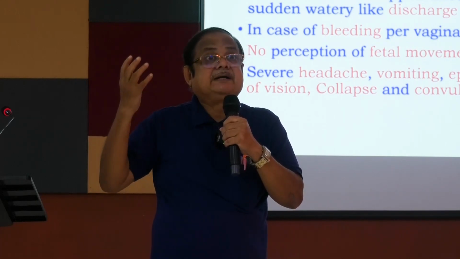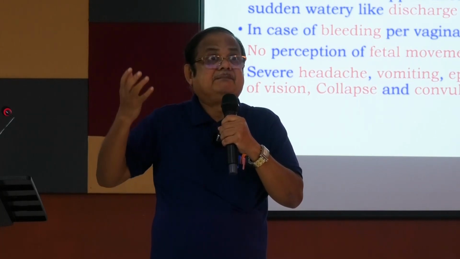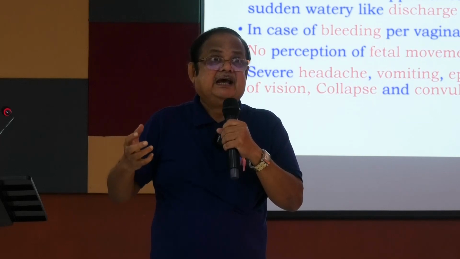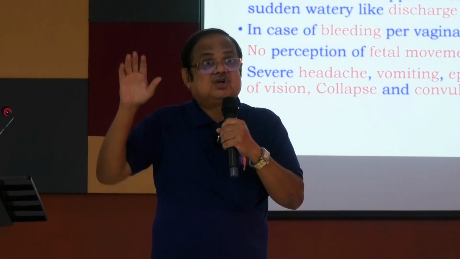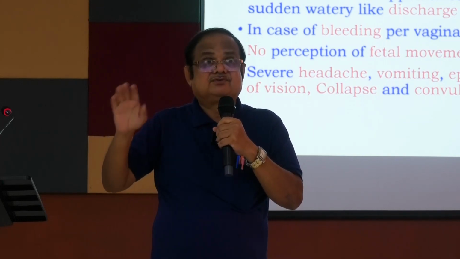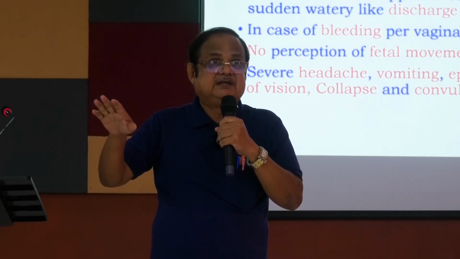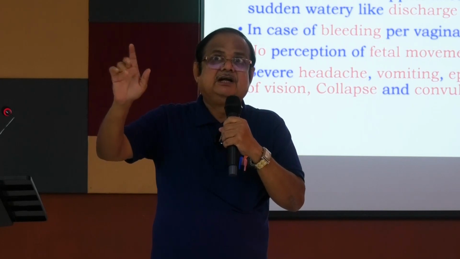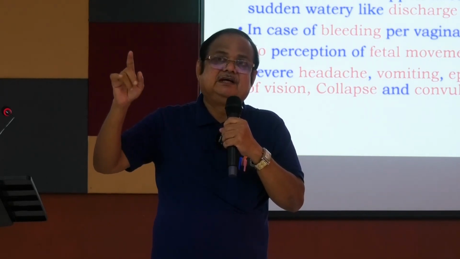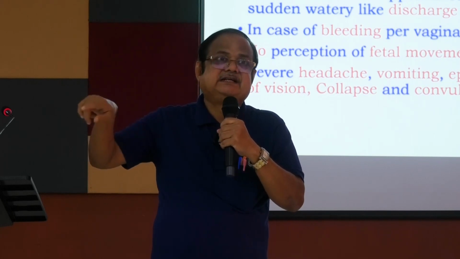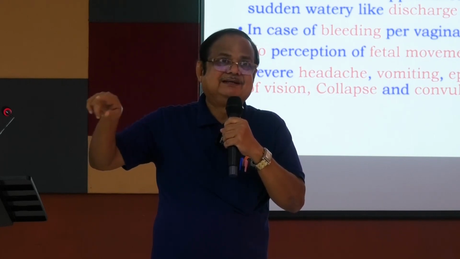But there may be some pathological condition, like abruptio placentae, or degeneration if there is a fibroid. And then there is the actual onset of labor. I have told you during my labor classes how to determine it. That is very important. There is persistent increasing pain and a reddish discharge, the show, from the vagina.